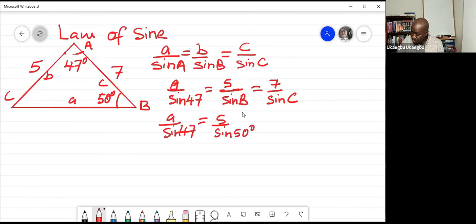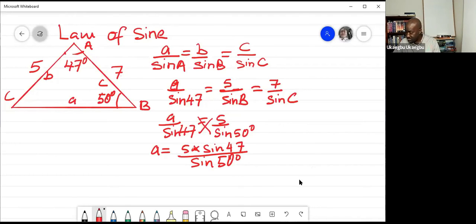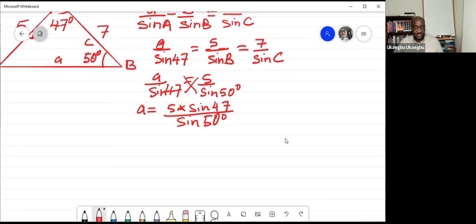Then you use cross multiplication. So A is going to be 5 multiplied by sine 47 divided by sine 50 degrees. Then you grab your calculator, use your cell phone if it works.